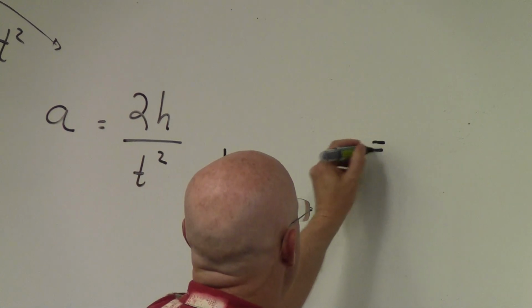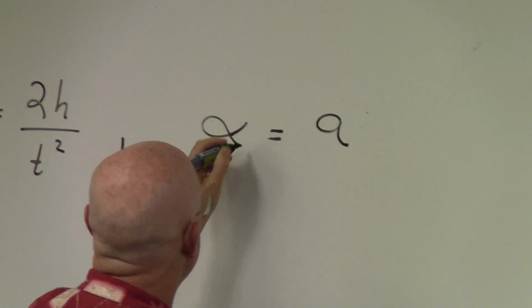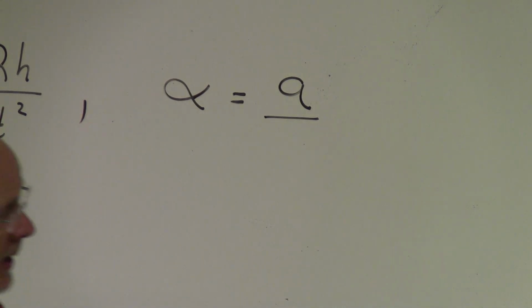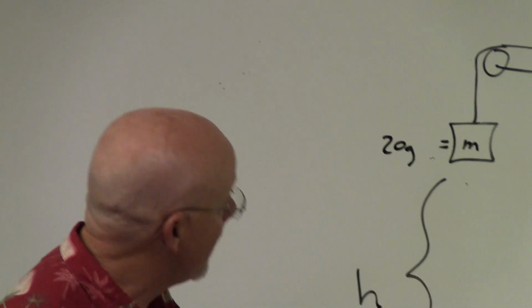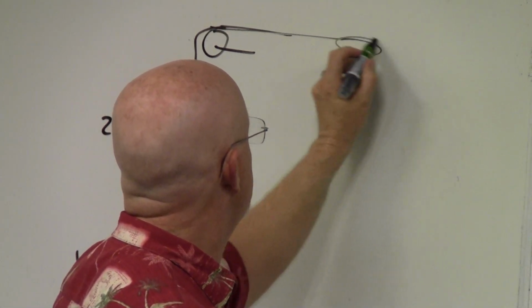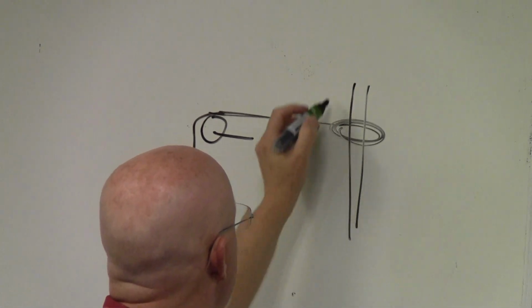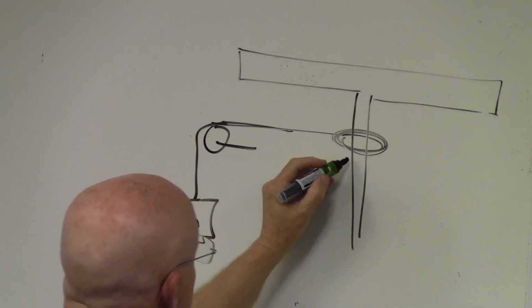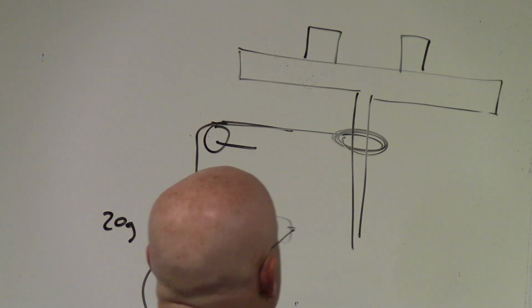But there is a mathematical connection between the translational acceleration of this weight going down and this string, which is wrapped around this axle that has these square weights up here.